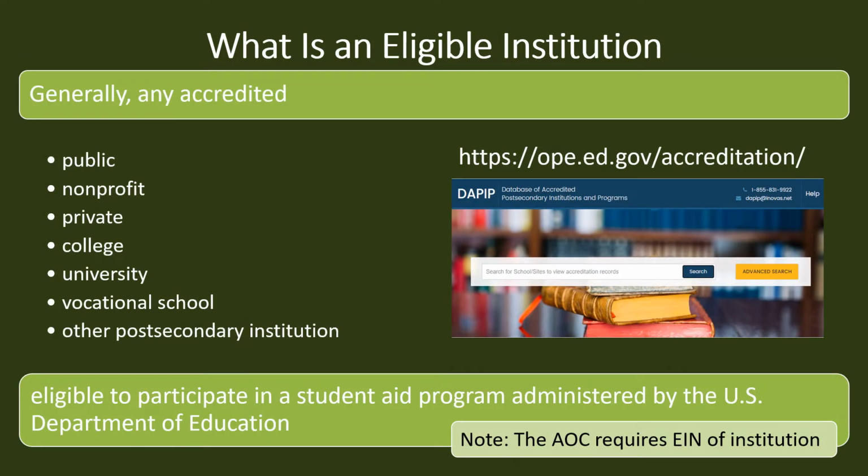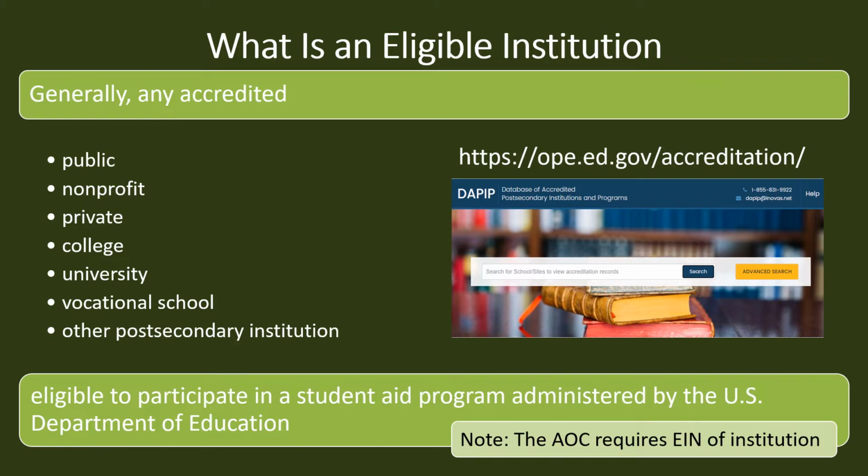We're going to go through some of the requirements in order for our taxpayers to be able to claim these education credits. So we're going to begin with the requirement that the student has to be enrolled in an eligible institution. So what is an eligible institution?